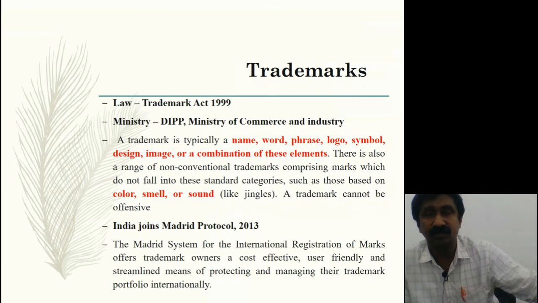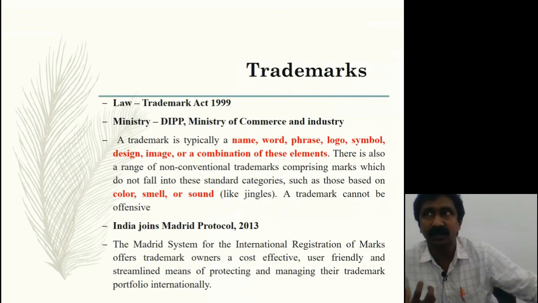So every multinational company has its own brand names, and maybe its own logos or symbols or designs. For example, Mercedes-Benz has its own design, and Audi has its own logo.